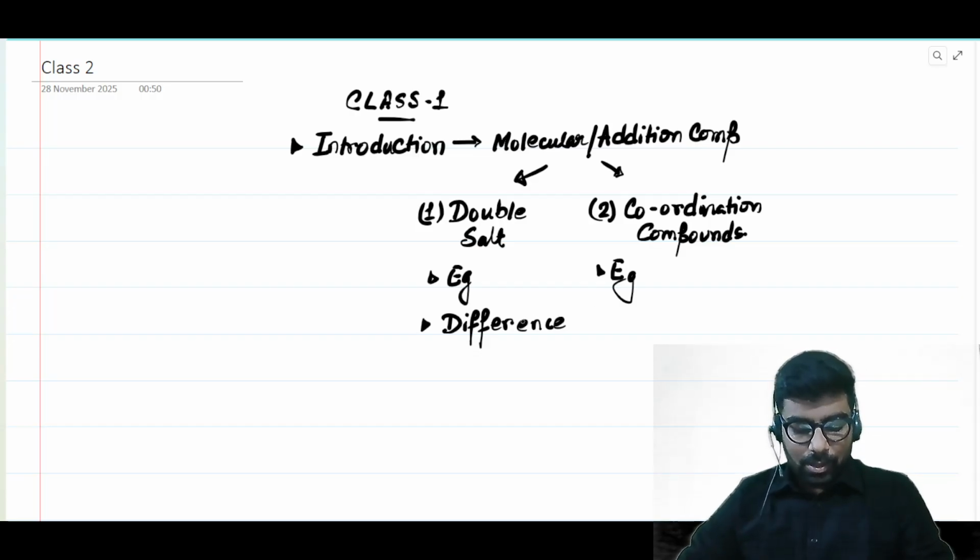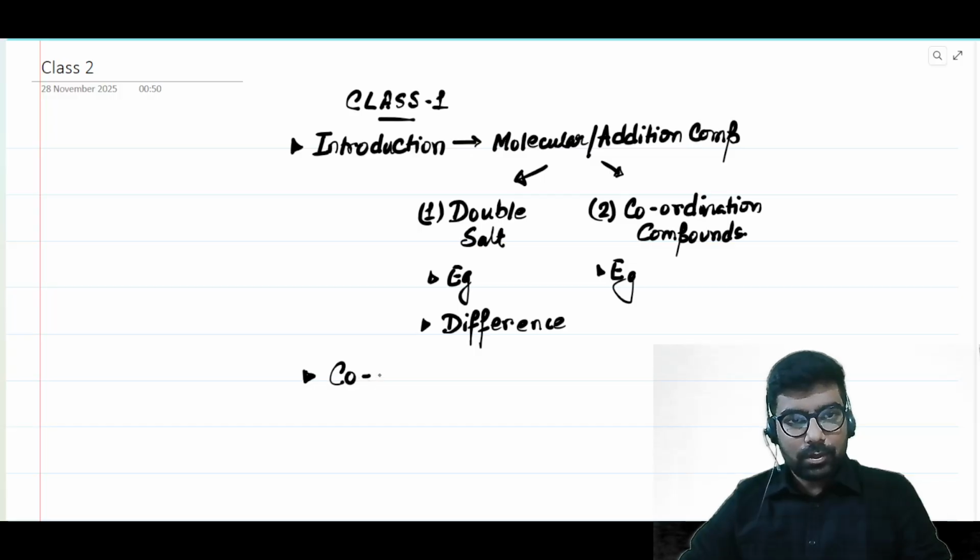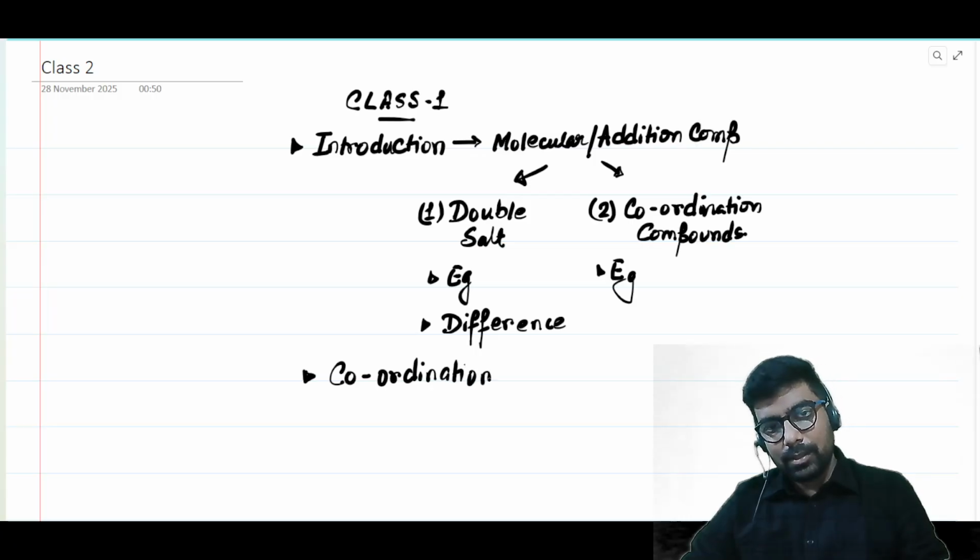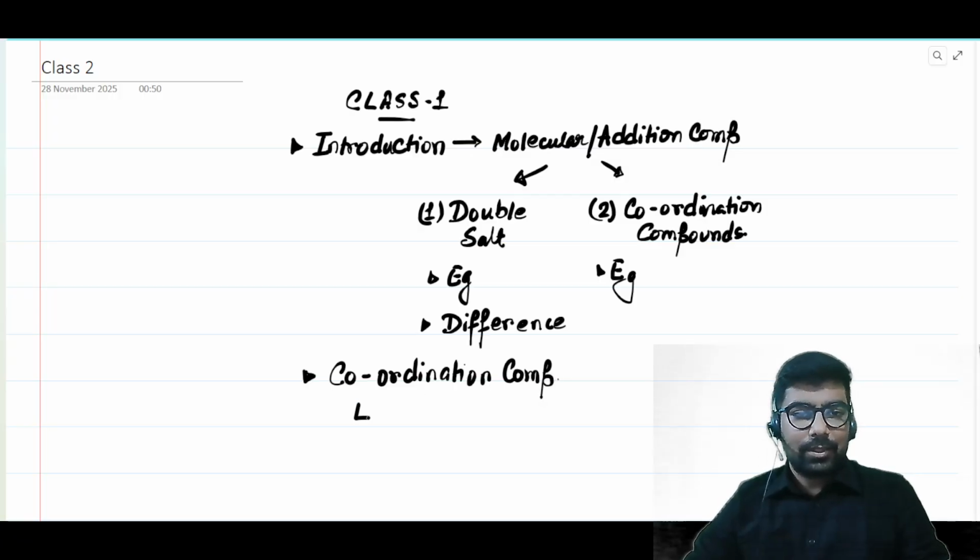Then we moved on in detail to coordination compounds, and we were discussing the terms. We discussed two terms.